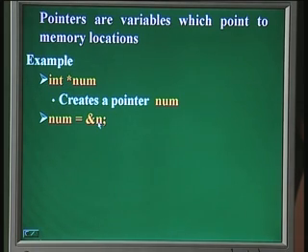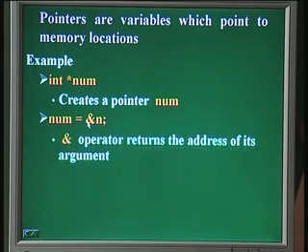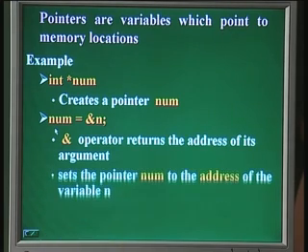That's what the ampersand operator does, basically to give the address of the thing. This operator returns the address of this argument n and then assigns that to NUM. This sets the pointer NUM to the address of the variable n.